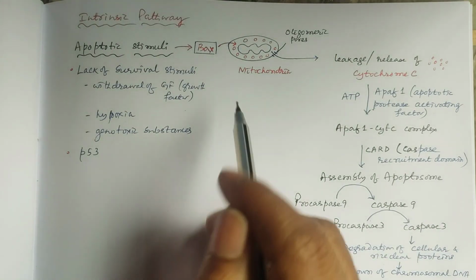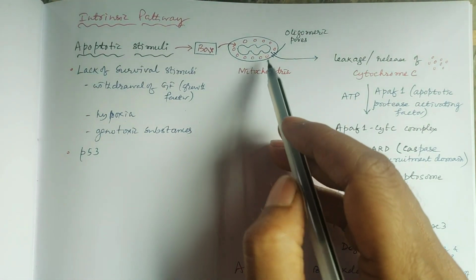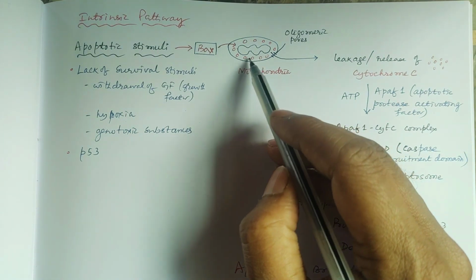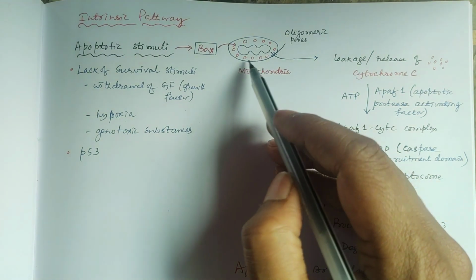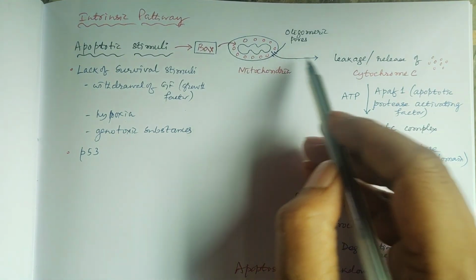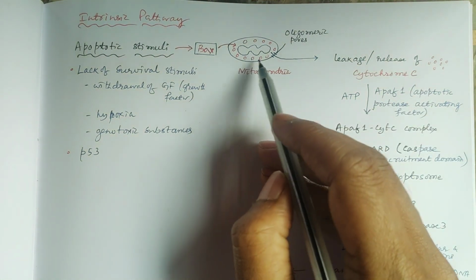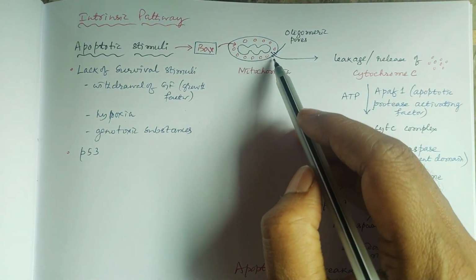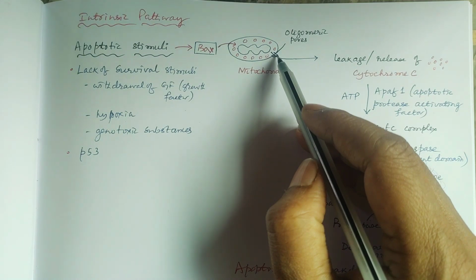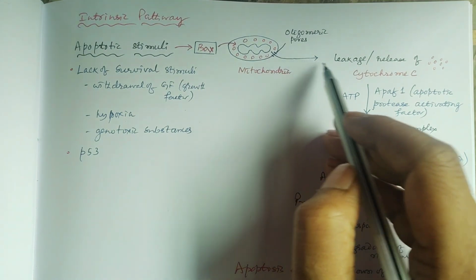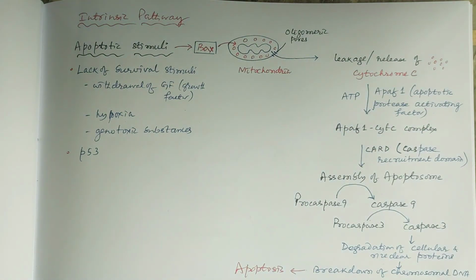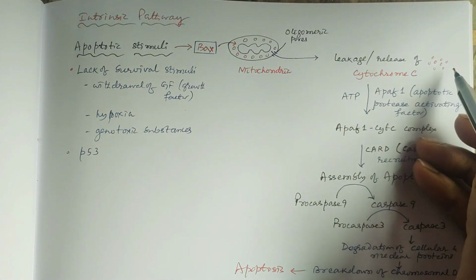BAK enters the mitochondria, where cytochrome C is present in the intermembrane space, and BAK causes formation of oligomeric pores through which cytochrome C is released.